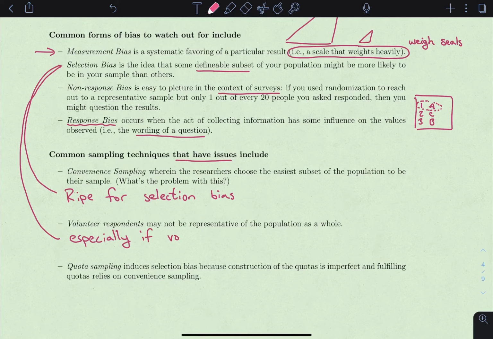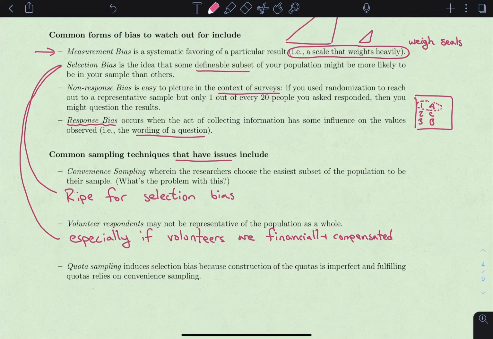If volunteers are financially compensated, people who are in higher need of that money are going to be more likely to respond.